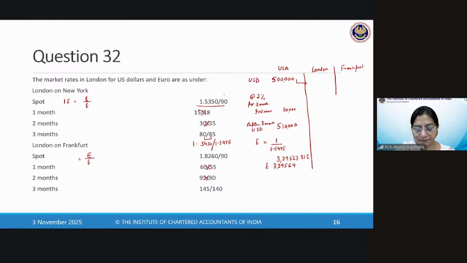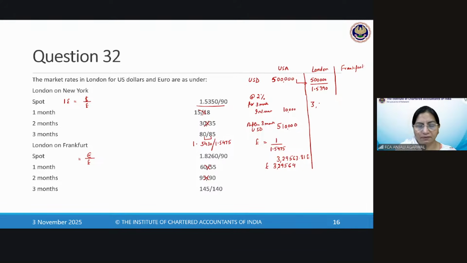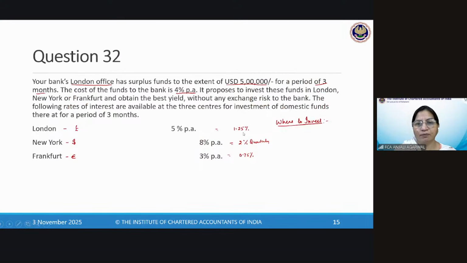So 500,000 divided by 1.5390. You end up getting 3 lakh 24,886 pounds, and they are invested at the rate of 1.25%.